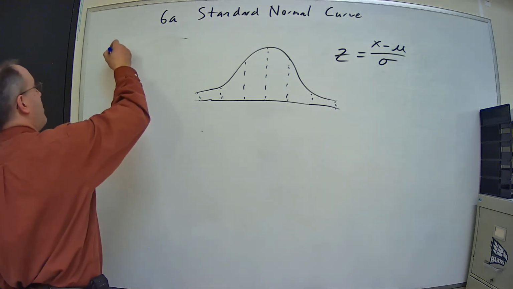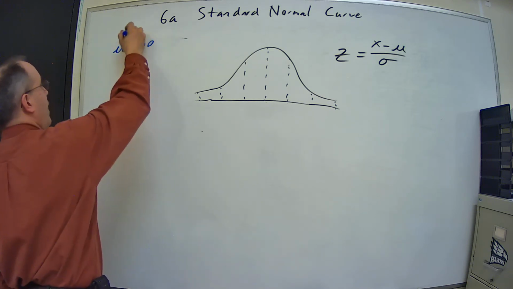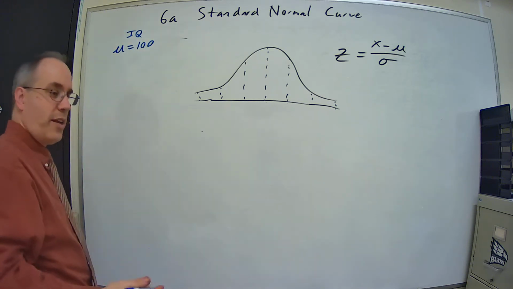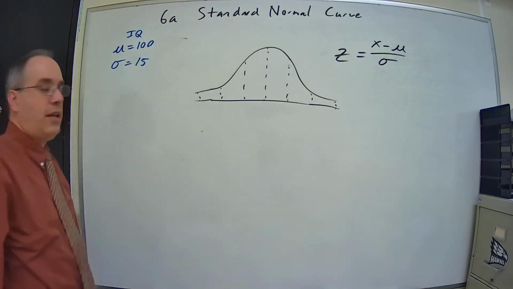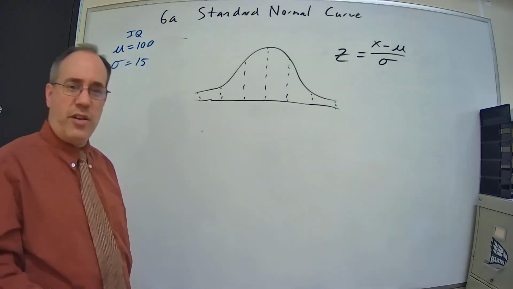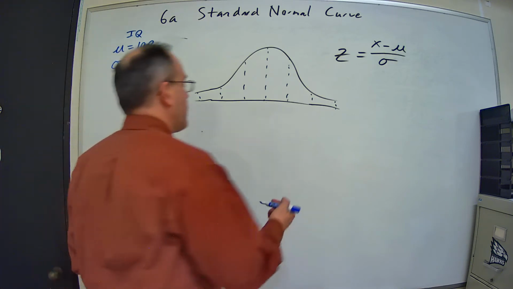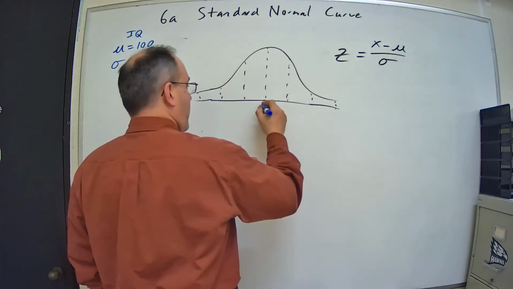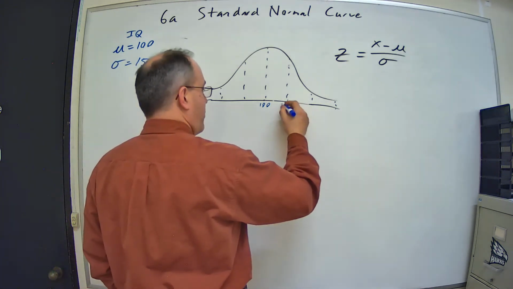What if I have a mean of 100? We're going to deal with IQs just because it's an easy way to show this. If I have a mean of 100 and a standard deviation of 15, then I can create this. And remember, we did this when dealing with the empirical rule or Chebyshev's inequality. So I can say the mean of this is 100. If I come one standard deviation above, it's 115.